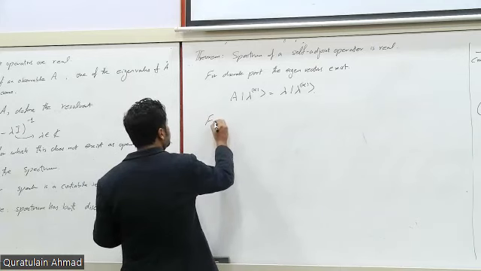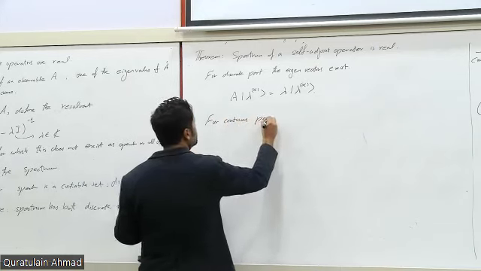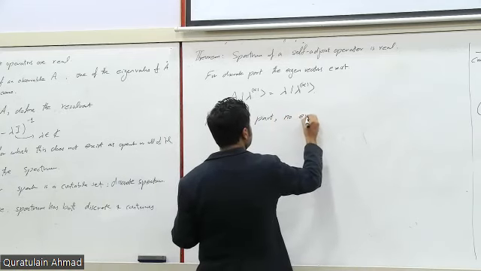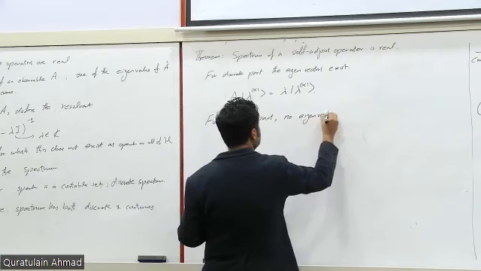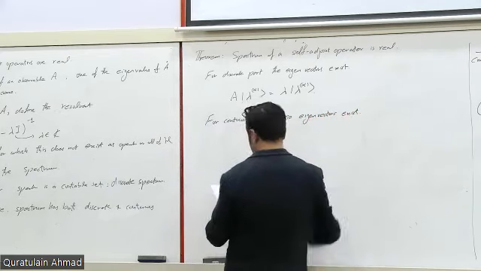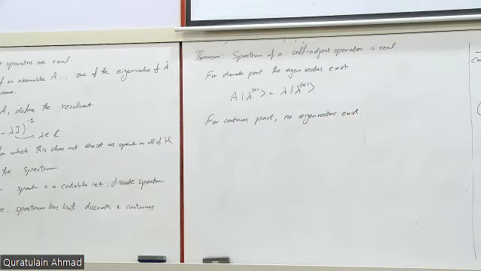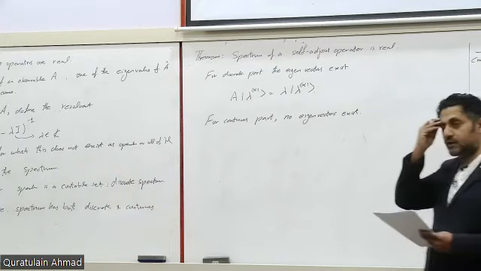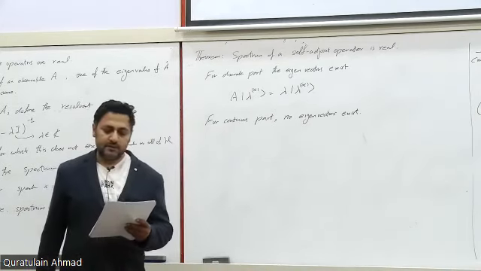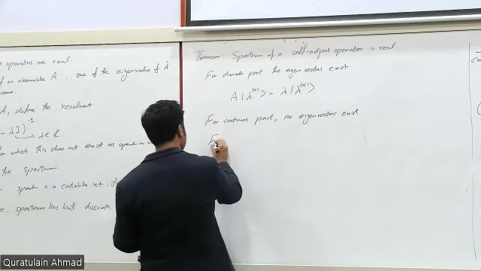But for the continuous part, unfortunately, no eigenvectors exist. However, for convenience, this is what Dirac did. You still formally define some generalized eigenvectors.